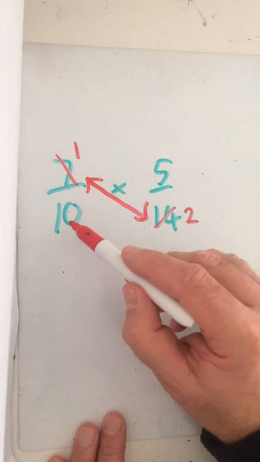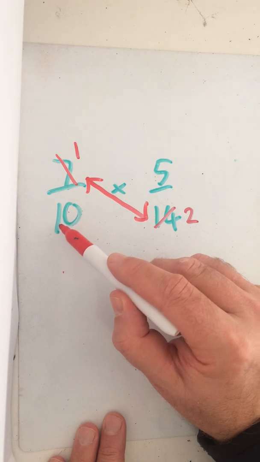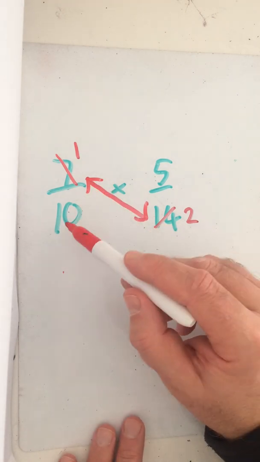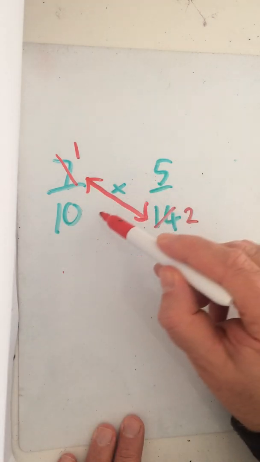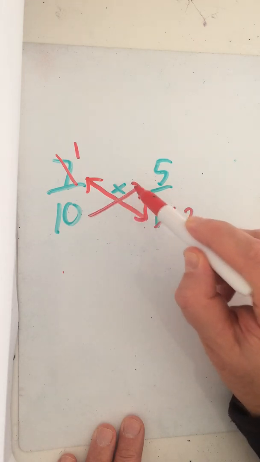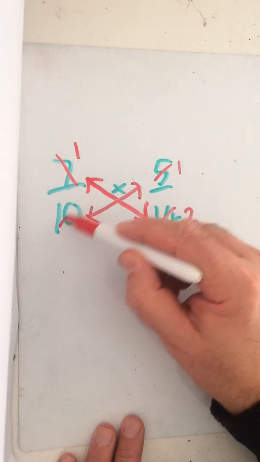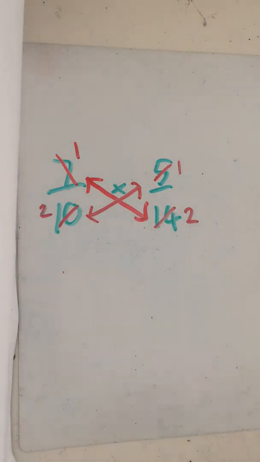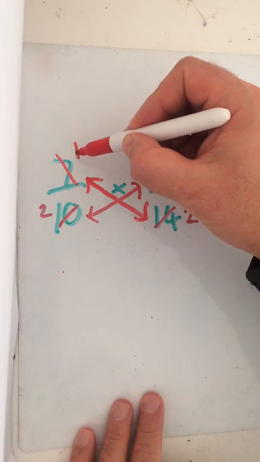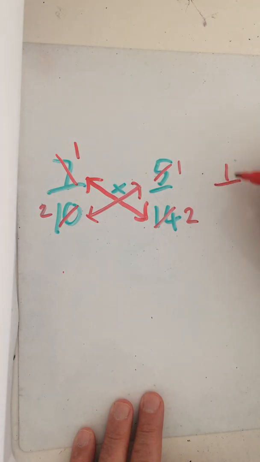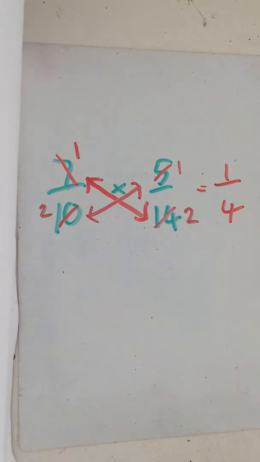Yeah, I did, didn't I? Okay, sorry. Anyway, okay, so now I can simplify along here. 5 goes into that once, goes into that twice, and now I times across. 1 times 1 is 1. 2 times 2 is 4. So the answer is actually 1/4.